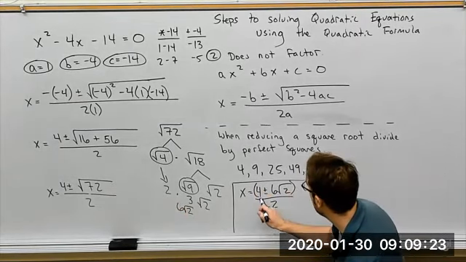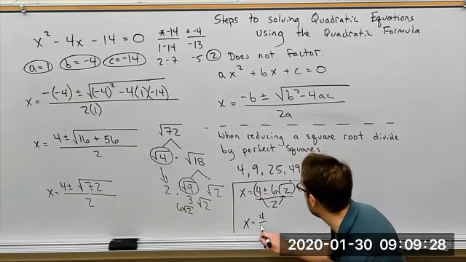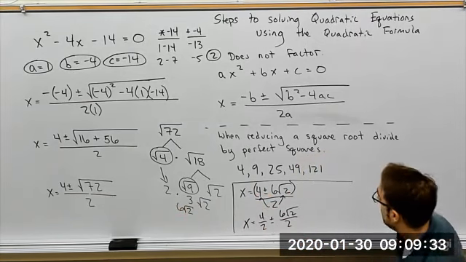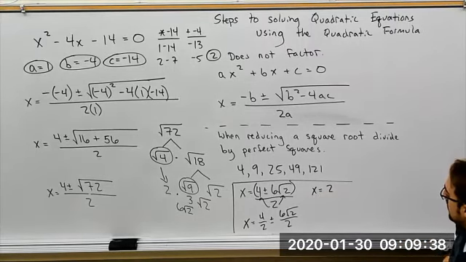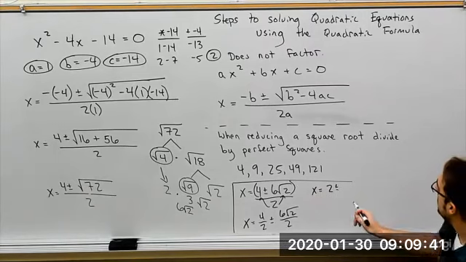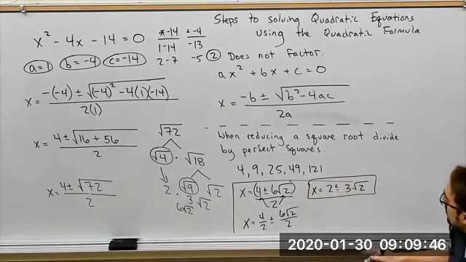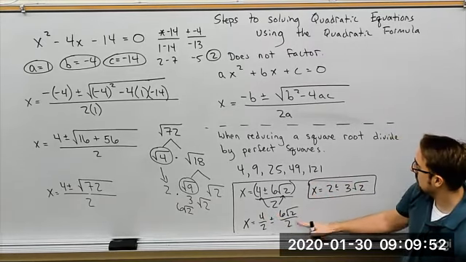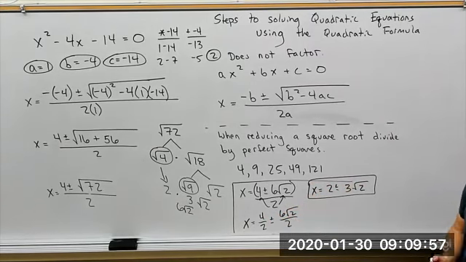So we get x equals 4 divided by 2 plus or minus 6 square root 2 divided by 2. Okay, and we get x equals 2 plus or minus 3 square root 2. That's our final answer. 4 divided by 2 is 2, and 6 divided by 2 is 3. You can never mix anything in a square root with anything outside of the square root. So we're going to leave it as this.